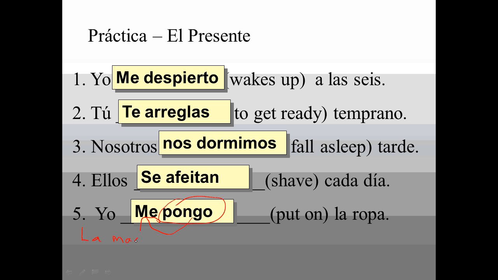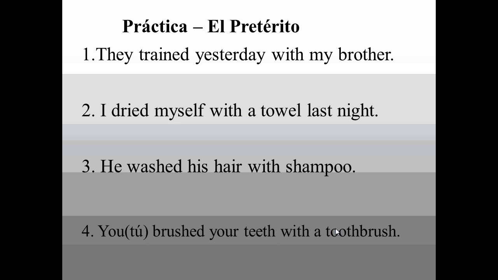La madre pone la ropa a su hijo. Okay? In that situation, she's not putting the clothes on herself. She's putting them on someone else, so it is not used reflexively. But we're really not going to focus on that too much.